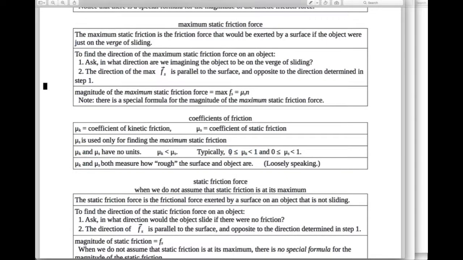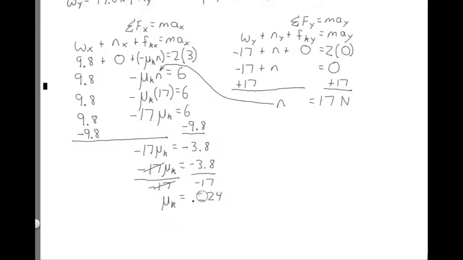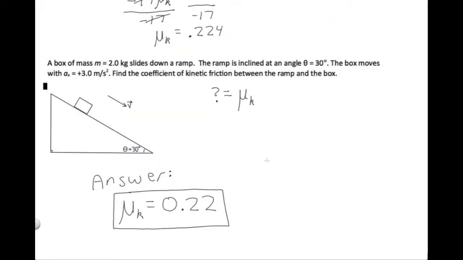We used that to check that our result made sense. This is what the problem was asking us for, so now we're ready to write our answer to the question. Here's our answer. The problem was asking about the coefficient of kinetic friction. The data in the problem seems to be given to 2 digits, so I rounded off this result a bit more to 2 digits.